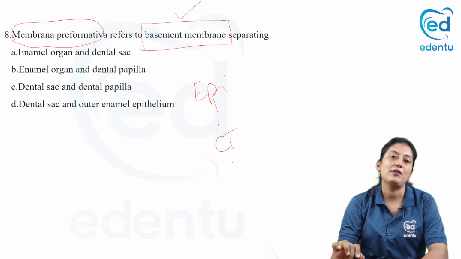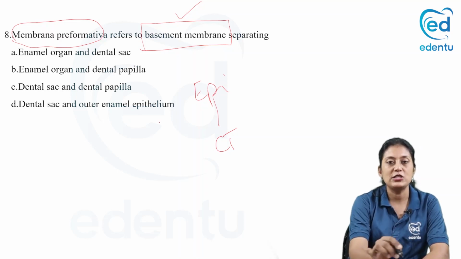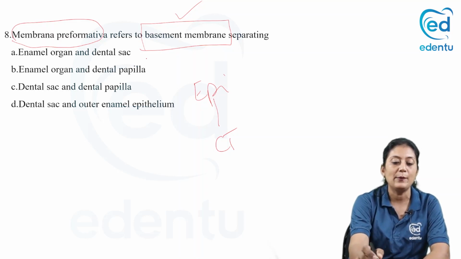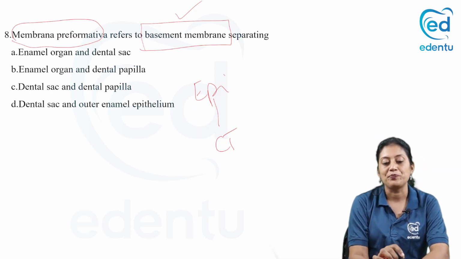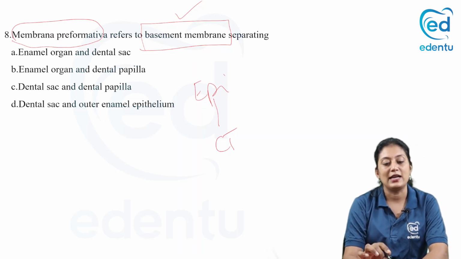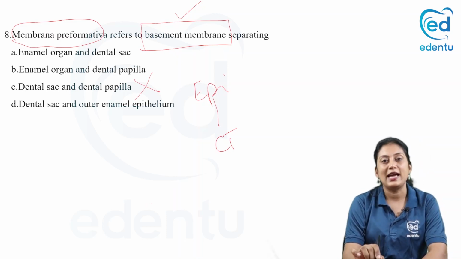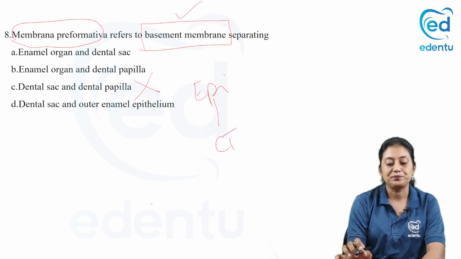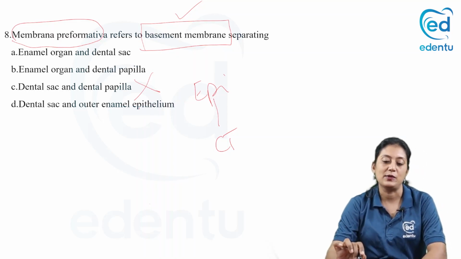Which epithelium from which connective tissue? Here in the options, one is epithelium and one is connective tissue. A is that, because enamel organ is epithelium, dental sac is connective tissue. B is also there: enamel organ is epithelium, dental papilla is connective tissue. C is not the option because both dental sac and dental papilla are connective tissue. Again, D: outer enamel epithelium and dental sac, one is epithelium, another is connective tissue.